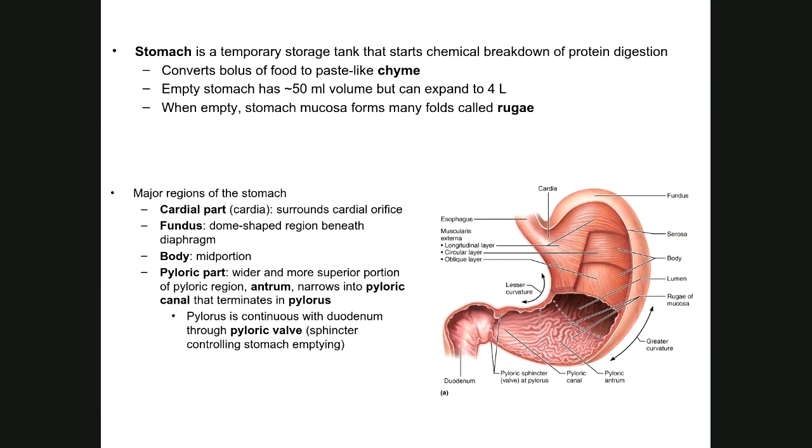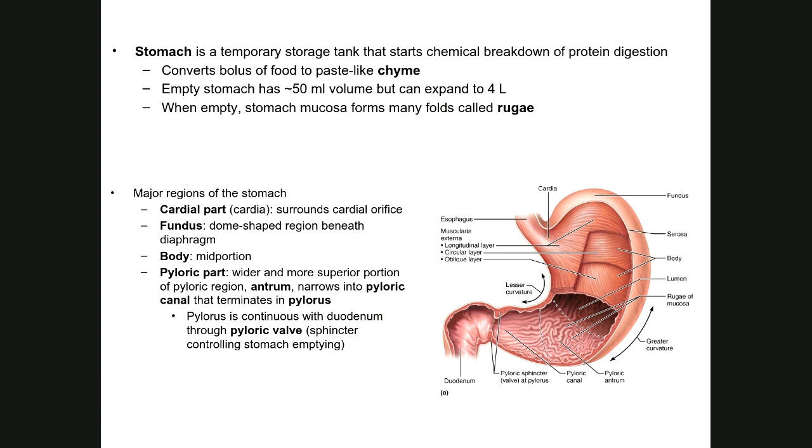Major parts are the cardia, which is around the cardiac orifice. After that, we have the fundus, the area beneath the diaphragm. And we have the body, the mid portion. We have the pyloric part.